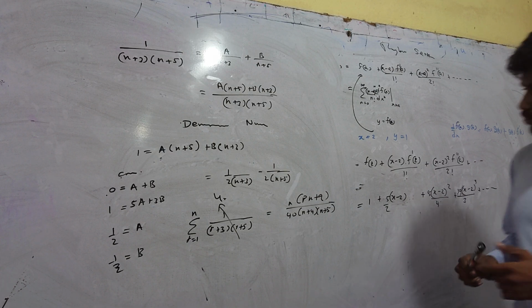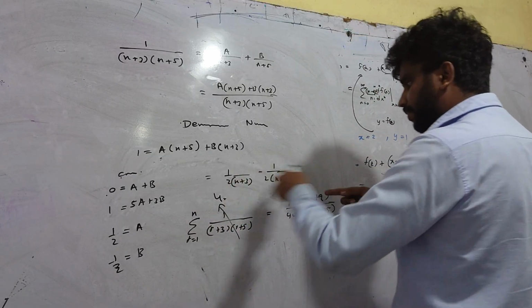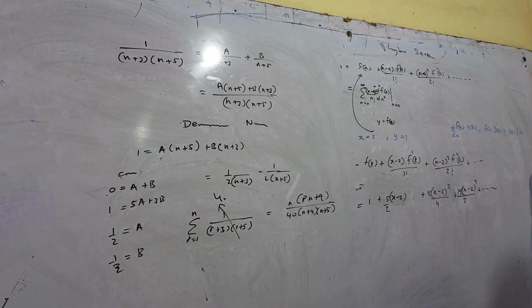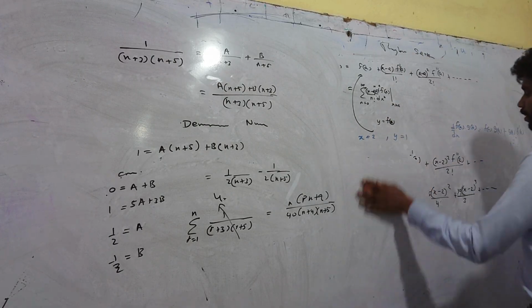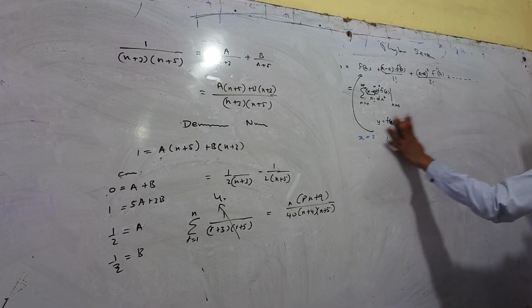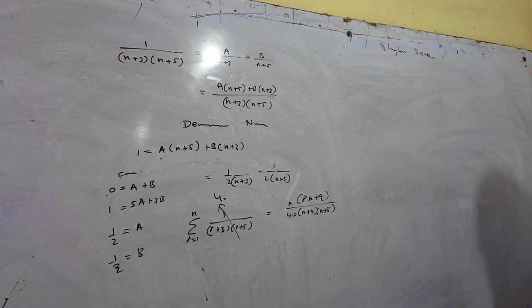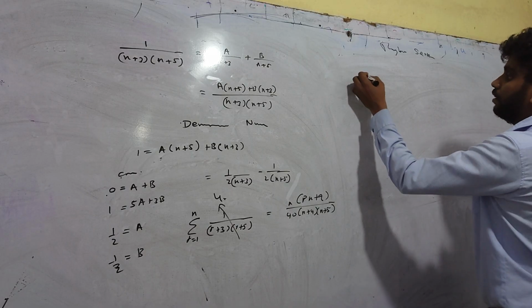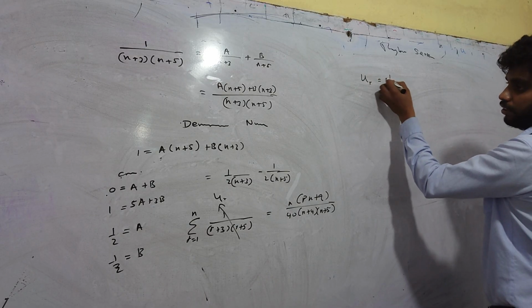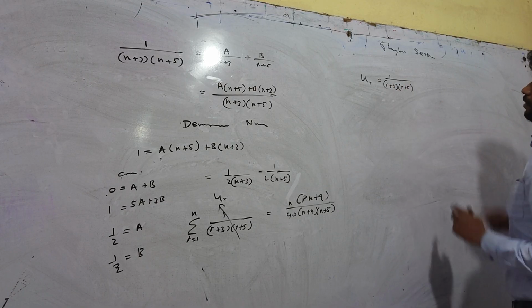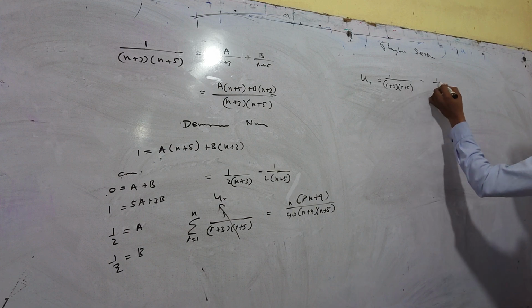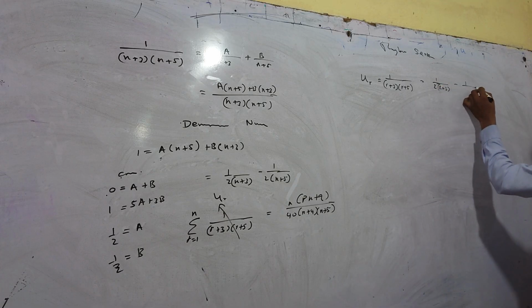Then we will write this down in terms of r because that is UR. Even though we worked earlier in terms of n, we can switch them into r. UR equals 1 over (r plus 3)(r plus 5), and it's the same as 1 half of 1 over r plus 3 minus 1 over r plus 5.